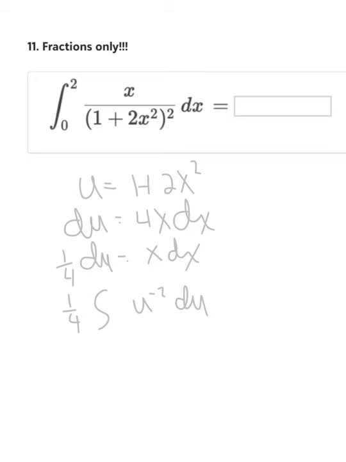Then our limits of integration are going to be from 1, because if x equals 0, then u would equal 1, to 9. So we have 1/4, we have u to the -1 over -1 evaluated at 1 and 9.